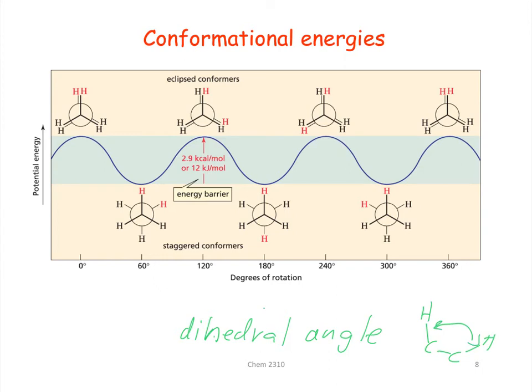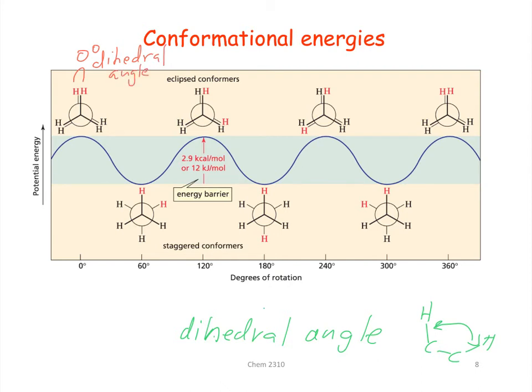So for example, if we look at these two hydrogens that are in red, one of them is directly in front of the other, and so the angle between those two, what do you think would be the angle between them? If we weren't cheating it just to the side, if we were just saying one is right behind the other, it'd be 0. Okay, so this is a 0 degree dihedral angle.